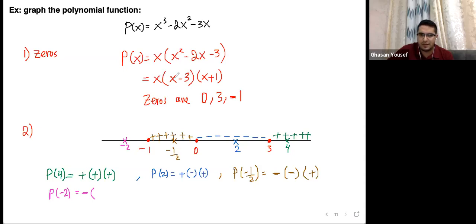So minus times minus gives positive, and minus 2 plus 1 is minus 1, so the sign is minus. So positive times negative is negative. So the sign here should be negative. Any question for this?